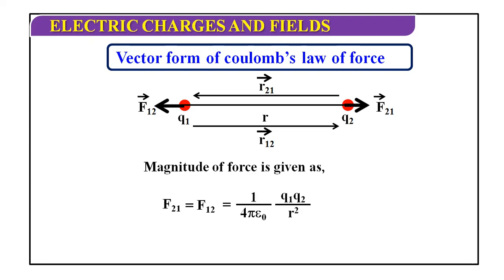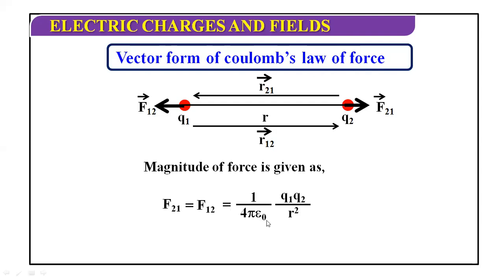And we know the magnitude of the forces is 1 upon 4 pi epsilon naught, q1 q2 upon r square. This epsilon naught describes these forces F21 and F12. How much of the force F21 is allowed to pass through the air is decided by epsilon naught.